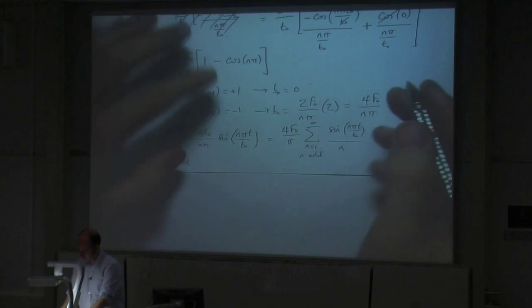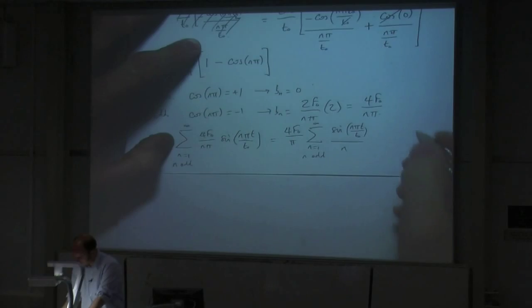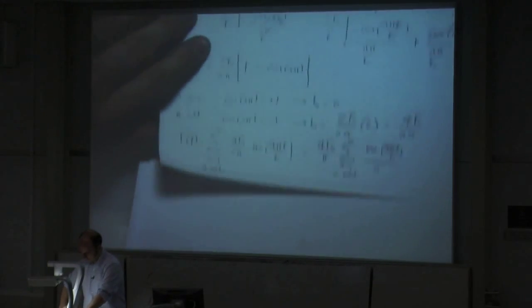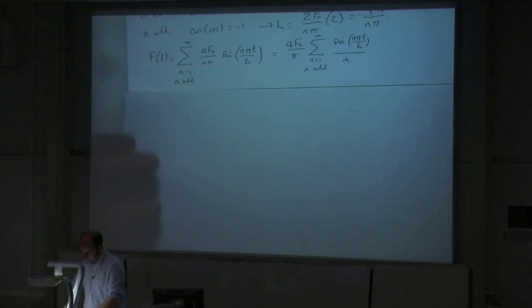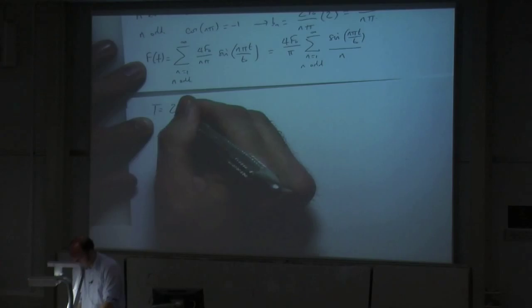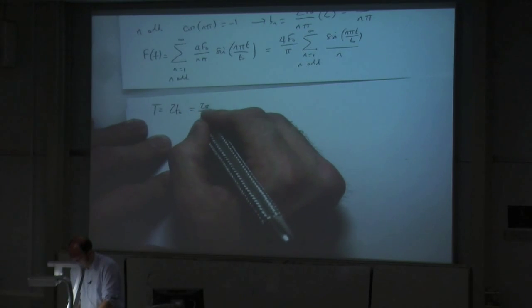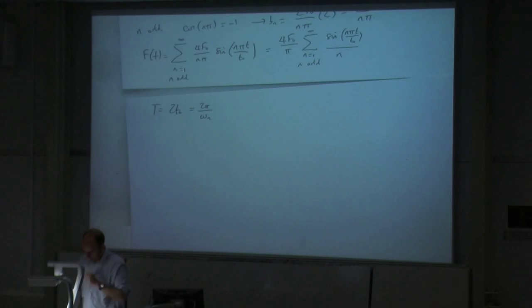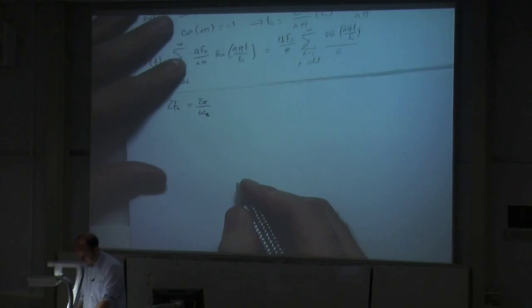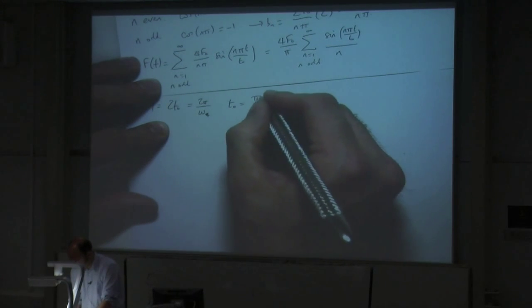Since we know that the period T equals 2 t naught, and that also equals 2 pi divided by omega, so therefore t naught equals pi divided by omega.